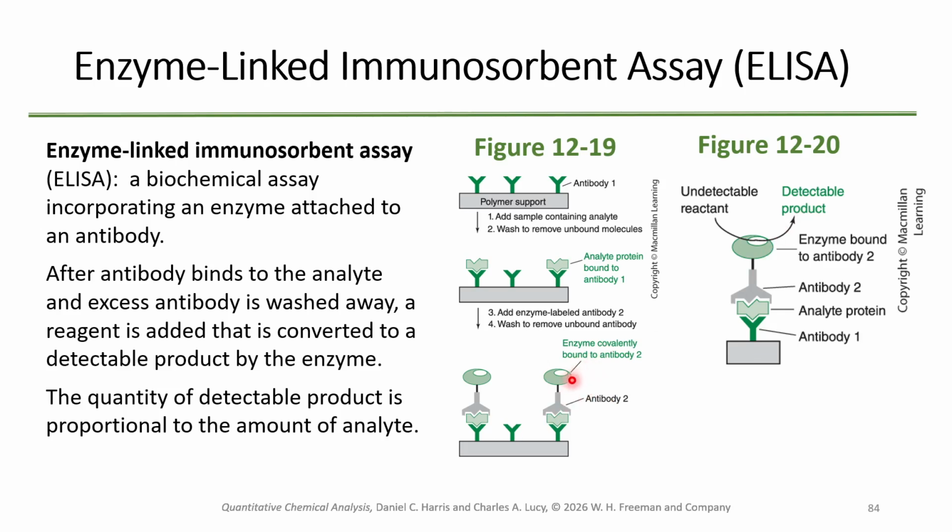The enzyme bound is proportional to the analyte protein, isn't it? I know, it's a little indirect, but keep in mind, these proteins are huge. They can be very, very difficult to detect, and in many conditions that you could detect them, they're going to be very difficult to actually test.